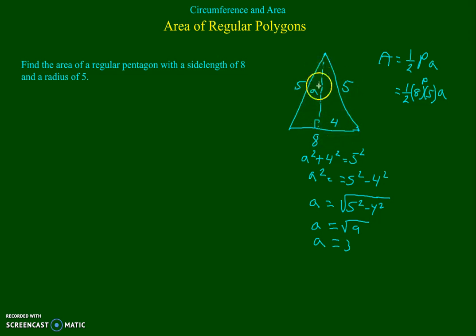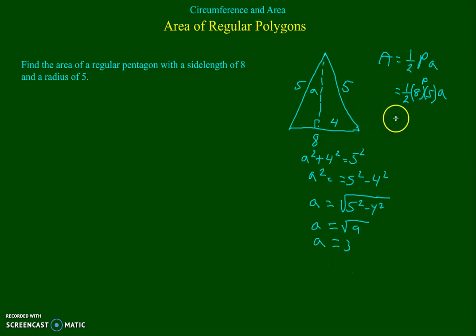That makes the other leg 3. Again, even though this looks longer than this, never trust the picture. Only trust the information given in your picture. So this was a 3, 4, 5 right triangle, so I didn't need to even do this calculation. I could have just said, oh, it's 3 because it's a 3, 4, 5 right triangle. In either case, this is how you work it out in case you forgot.